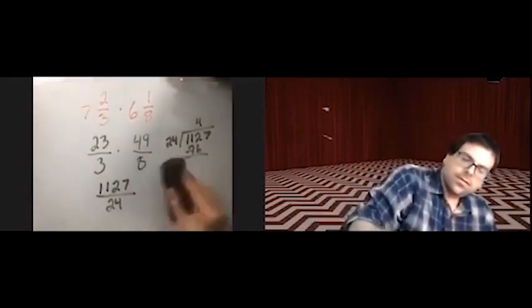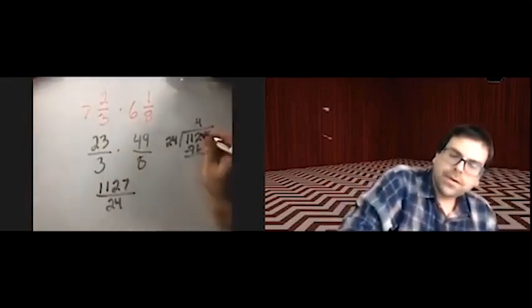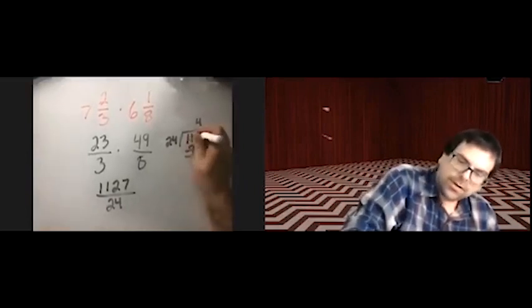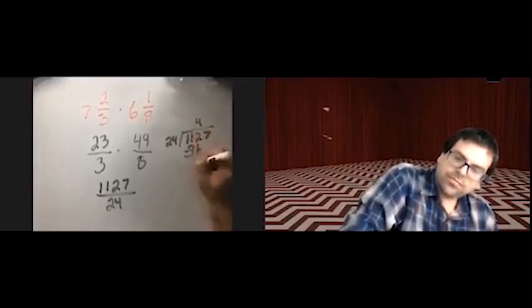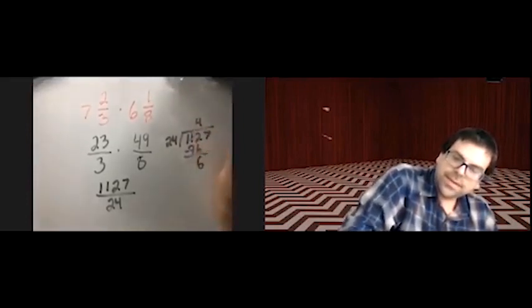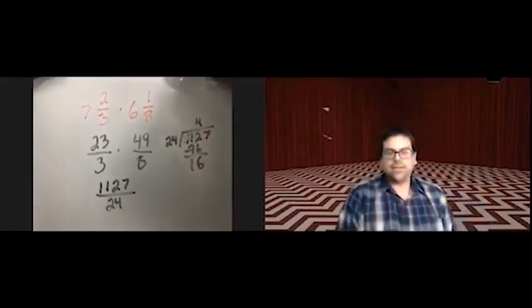We subtract. 2 minus 6 can't do it. We're borrowing. 12 minus 6 is 6. 10 minus 9 is 1.